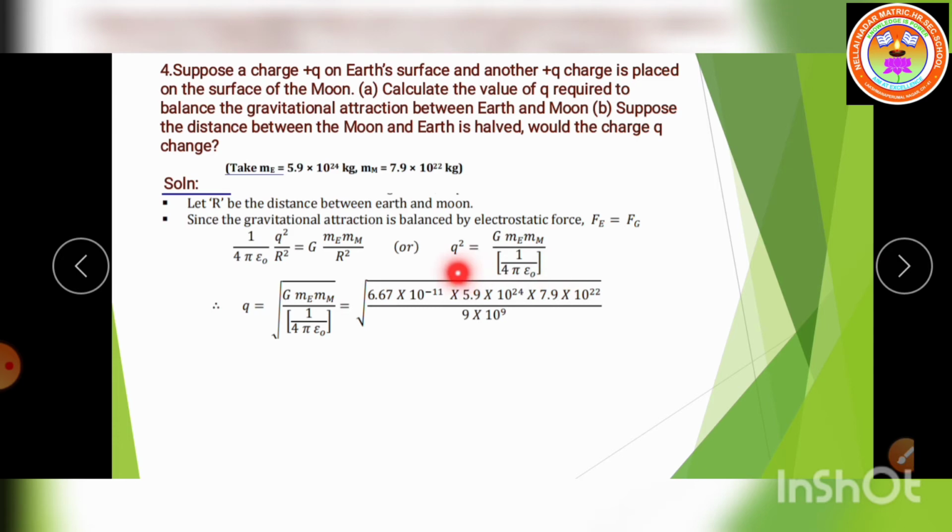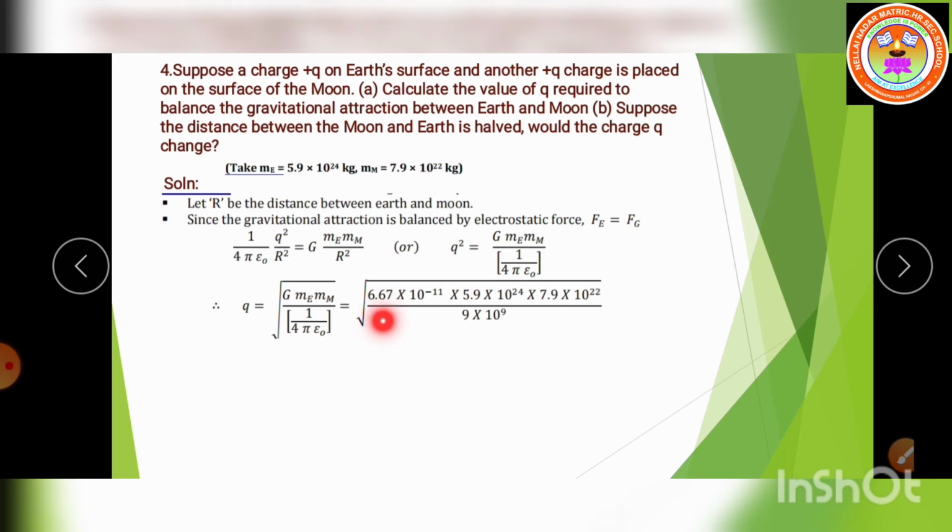To get Q, take the square root of this equation. So Q is equal to the square root of G ME MM divided by 1 by 4 pi epsilon naught.